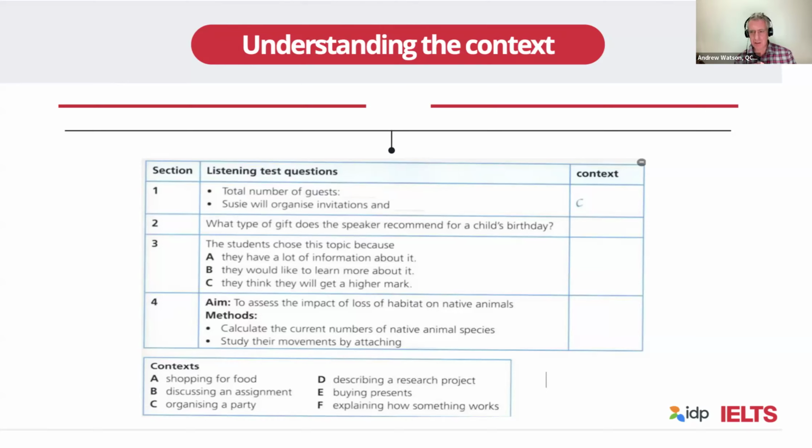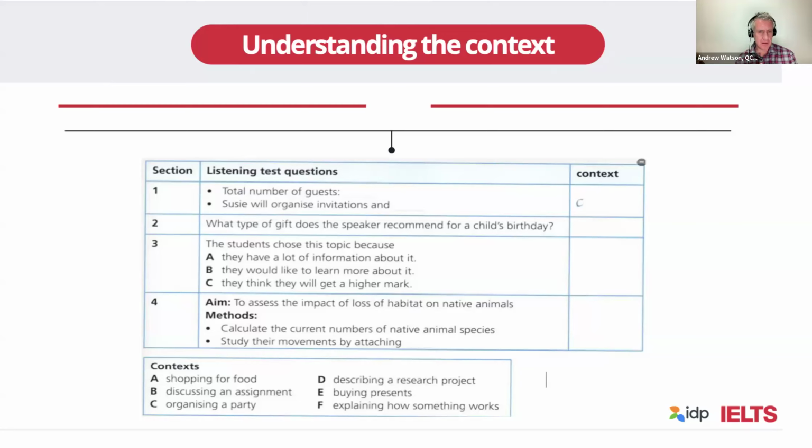Más alta calificación. Buenas notas. So what's the clue there? Something academic, isn't it? That's the context. So is it A, B, C, D, E, or F? D. Yes, it's a research project. Yeah.